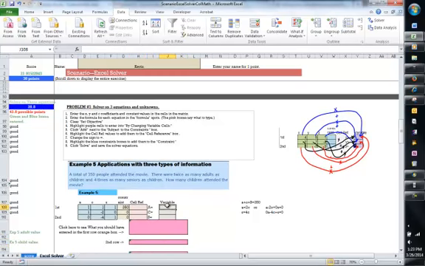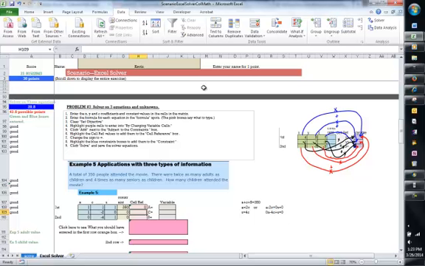All right. So the cell reference will be equals the number of adults times the adult variable plus the number of children times the children variable plus the number of seniors times the senior variable.